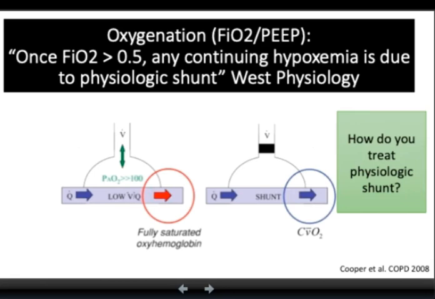So how would you treat a patient with physiologic shunt due to ARDS or severe aspiration pneumonia when they undergo mechanical ventilation? You will apply PEEP that will recruit collapsed alveoli and will keep them open. This is the reason why PEEP is one of the 2 tools in our arsenal that we use to improve oxygenation.